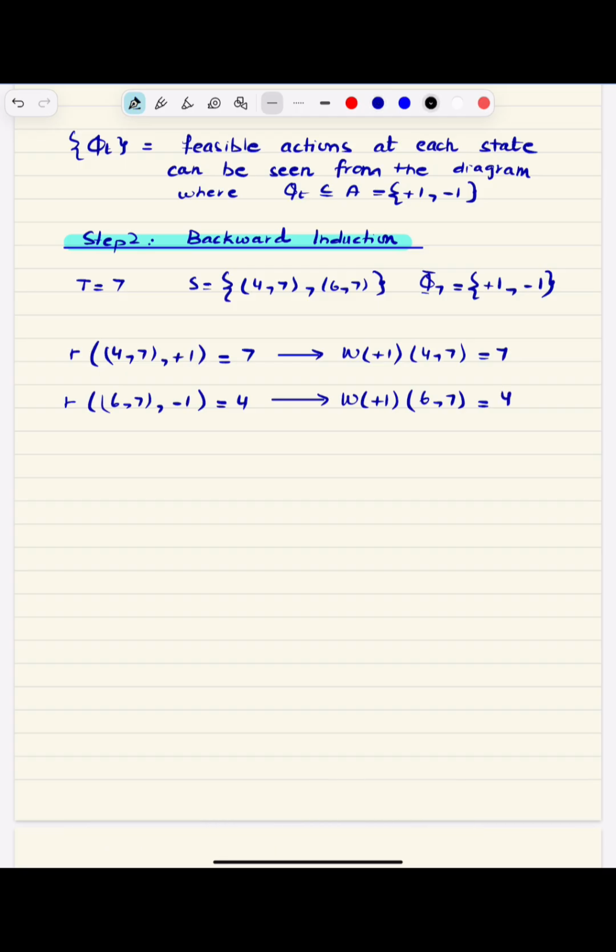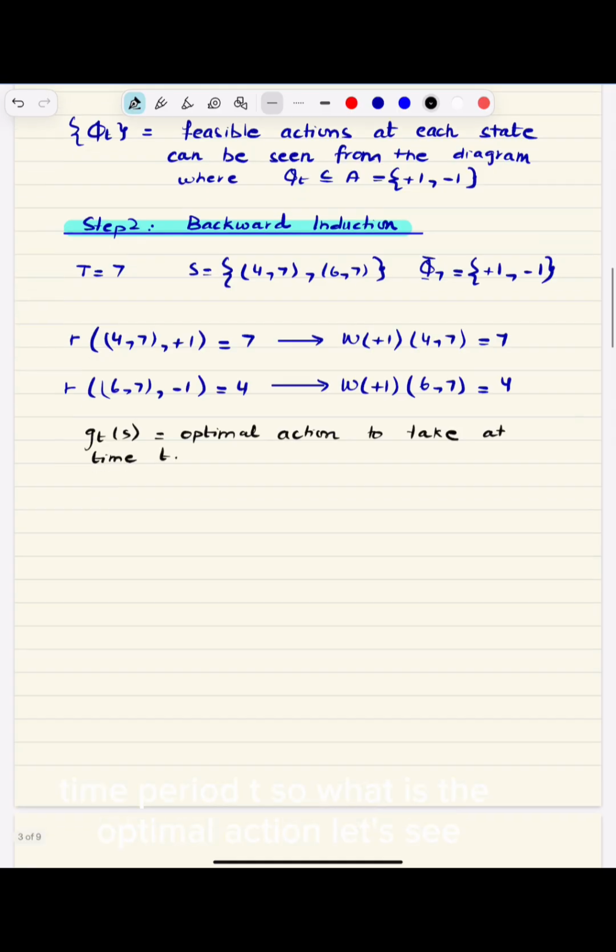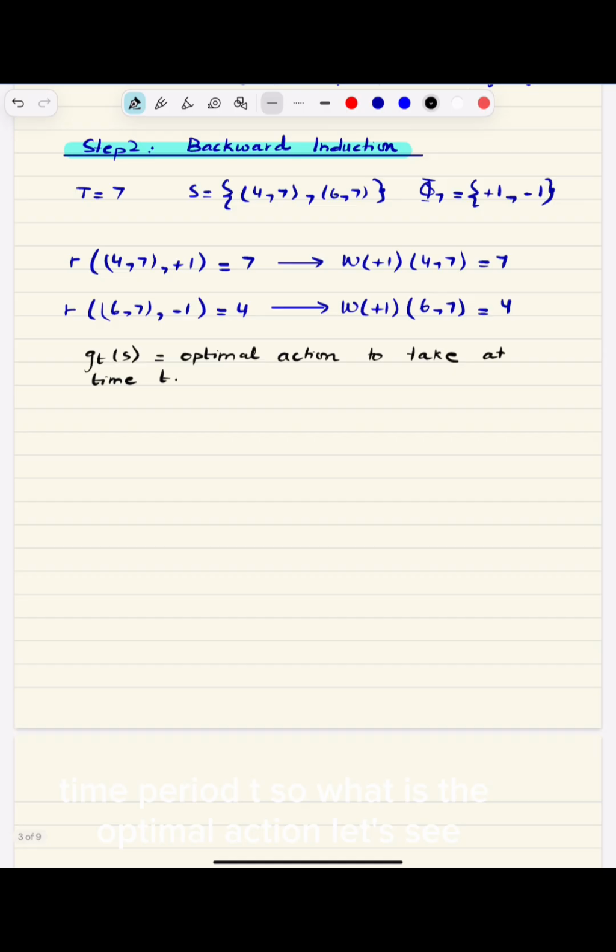So remember another terminology, the GTS function basically just tells us the optimal action to take at time period t. So what is the optimal action? Let's see.